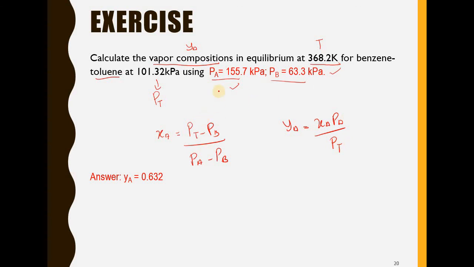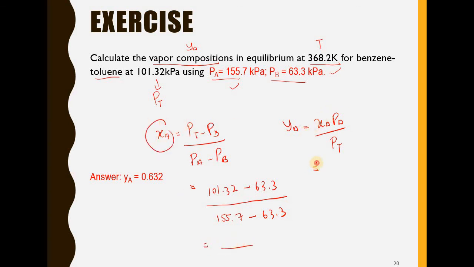You just replace the values. PT is 101.32 kilopascal, you minus PB which is 63.3 kilopascal, over 155.7 kilopascal minus 63.3, and you will get the value for XA.